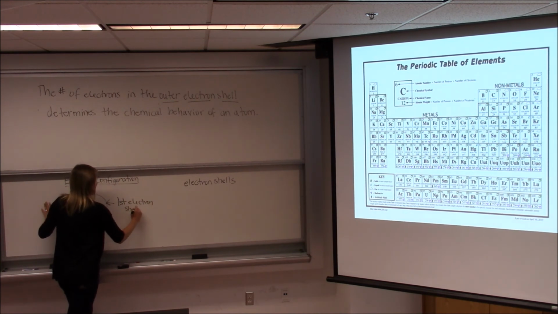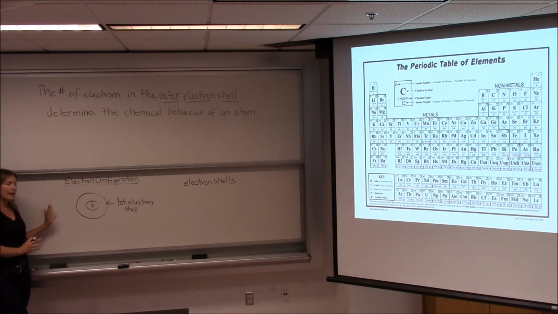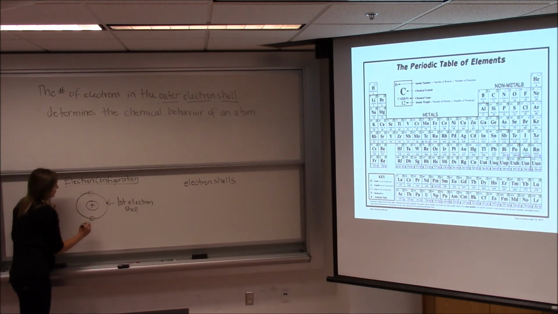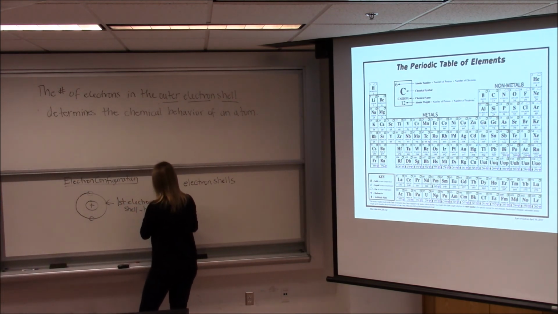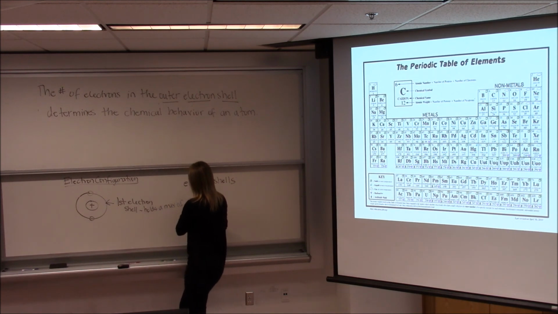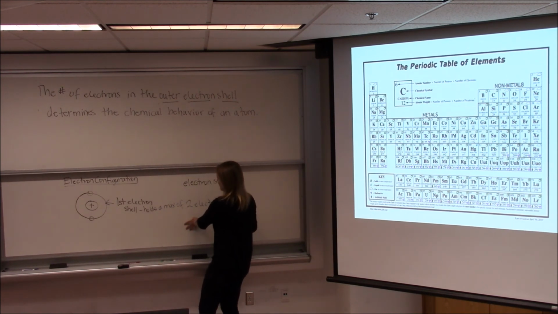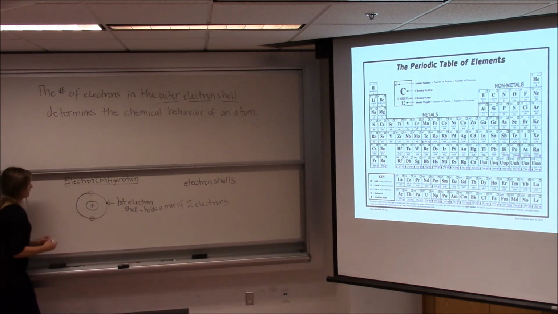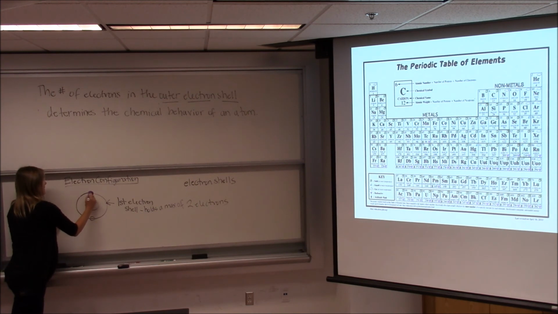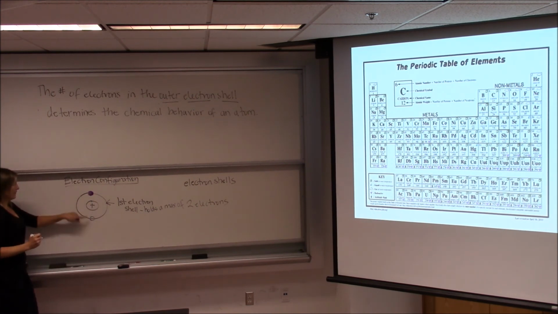The first electron shell is the one closest to the nucleus, and that first electron shell can hold a maximum of 2 electrons. So it has 2 spots available. Well, hydrogen has 1, so that 1 is going to be located in that first electron shell. That means hydrogen has 1 spot still available to be filled.